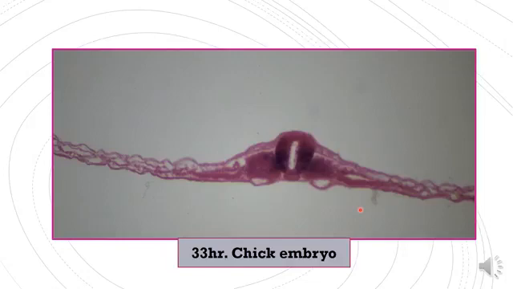In the same slide, more anteriorly, you can see the neural fold close to forming the neural tube. This is the neural tube. Ventral to the neural tube is the notochord.